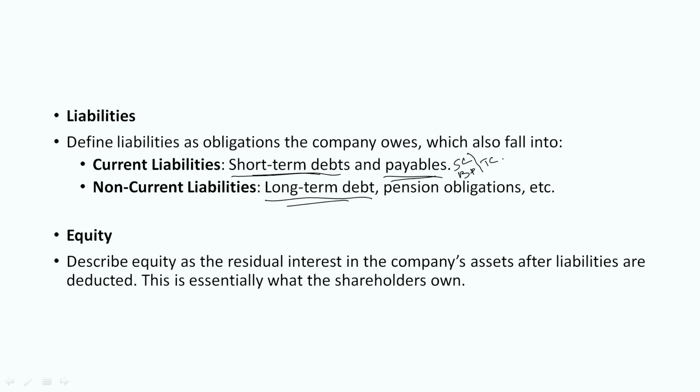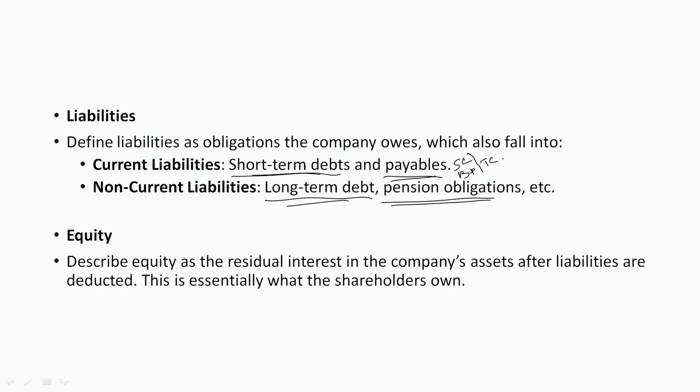It could be in the form of fixed deposits, which the company raises from the public. And then if there is any pension obligation, these are long-term obligations which you have to maintain. So they are all part of your non-current liabilities.